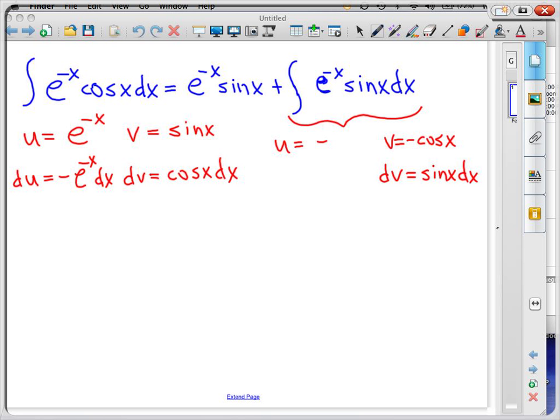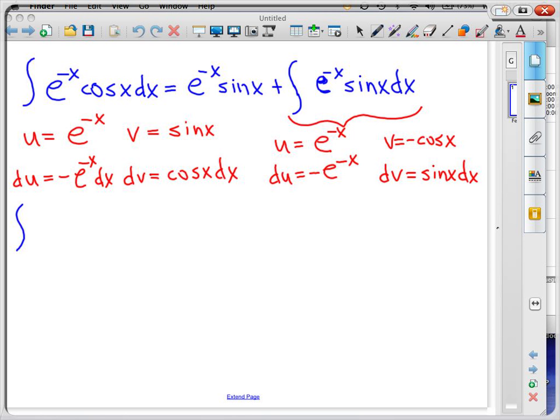That makes my u e to the negative x, and it makes my du negative e to the negative x dx. So using that information, I can now work out our final product.